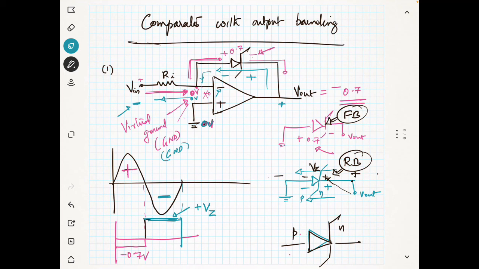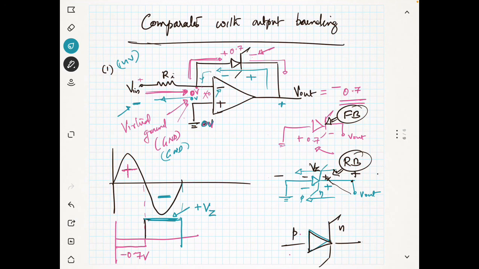Now if instead of this 0 volt, if you are using something different, I cannot actually configure this in a non-inverting configuration. You see here, this is an inverting configuration. If I configure it in a non-inverting configuration, I have to give my input at the positive, and my feedback also will be at the positive.